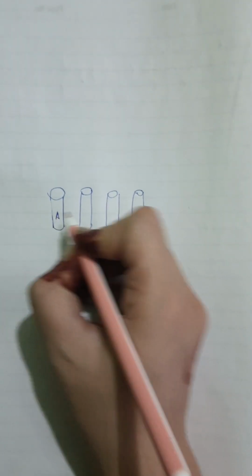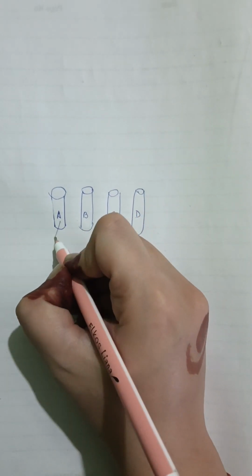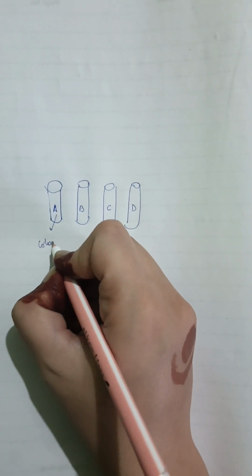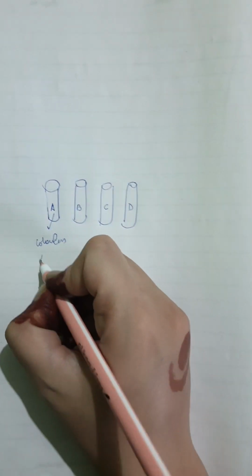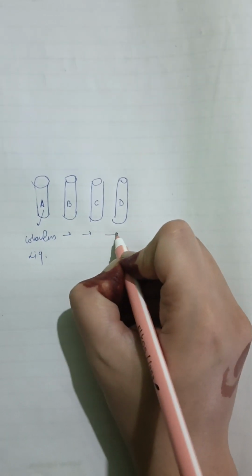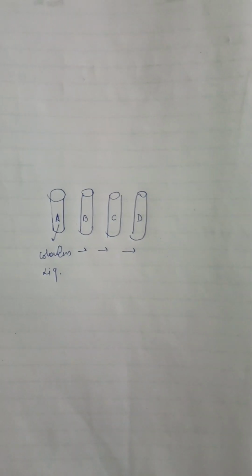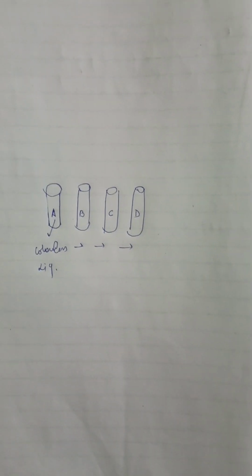This is sample A, this is sample B, sample C, and sample D. So in sample A, you have a colorless liquid. Same in sample B also, C also, and D also. You have to identify what organic compound these samples contain.